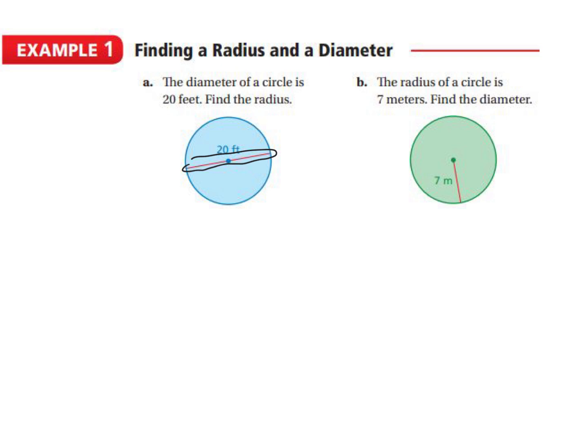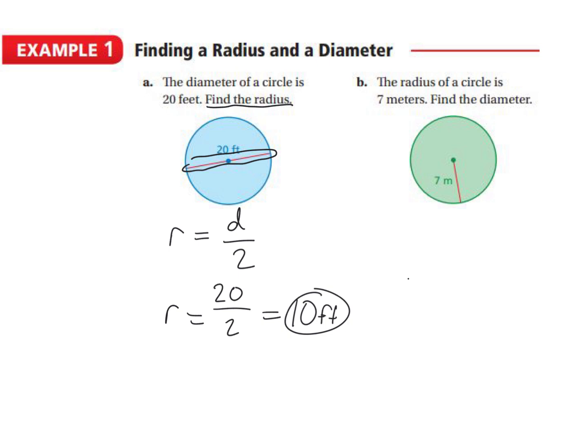Since I'm looking to find the radius, I'm going to say that my radius is just equal to my diameter divided by 2, right? It's half of the diameter. Well, in this case, my diameter is 20, and if I divide 20 by 2, I get a radius of 10 feet. Labels are going to be very important in these units, right? If it says feet, make sure your answer also says feet.